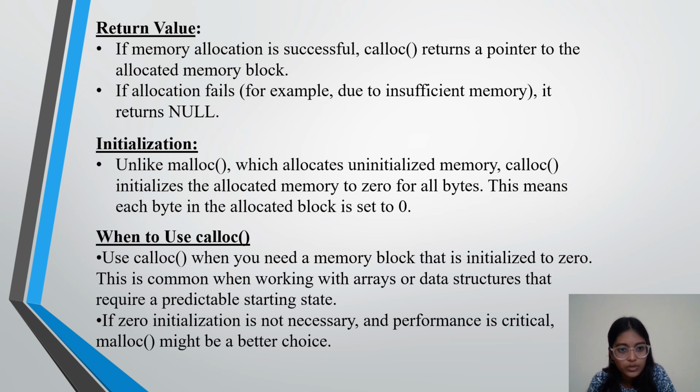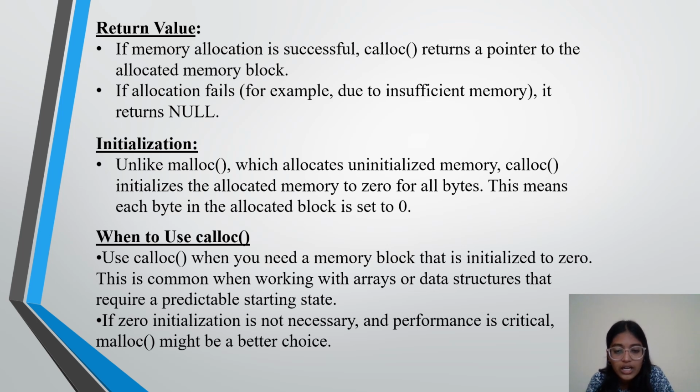Now, come to the return value. If memory allocation is successful, calloc returns a pointer to the allocated memory block. If it is a failure, then it returns null. The failure could be due to insufficient memory. Now comes the initialization.